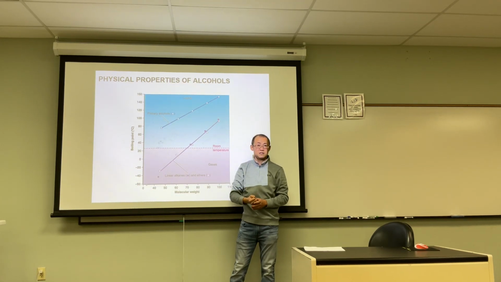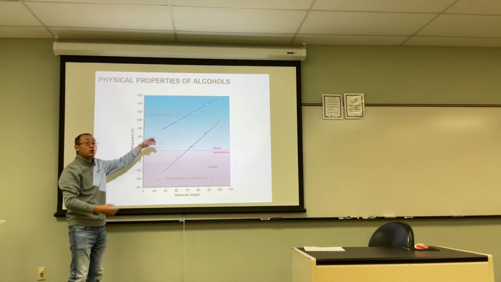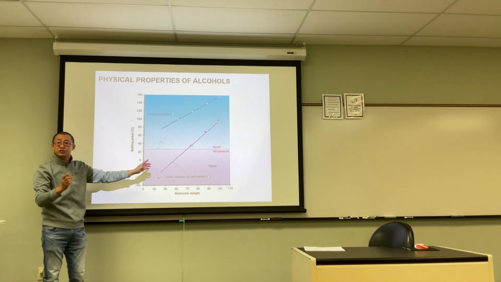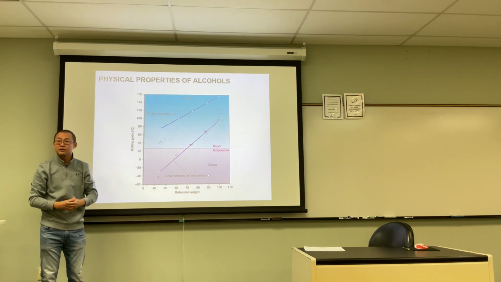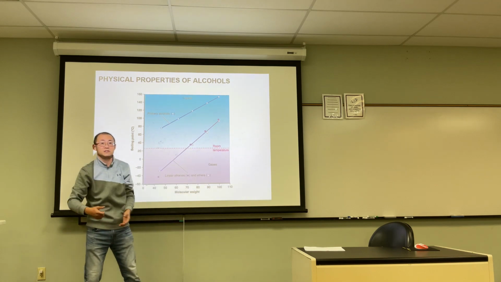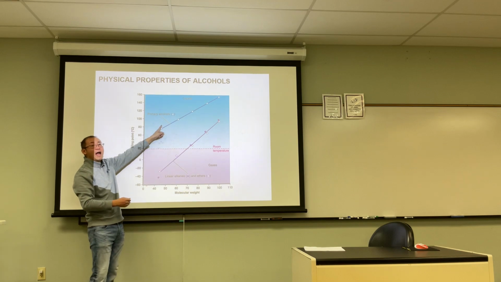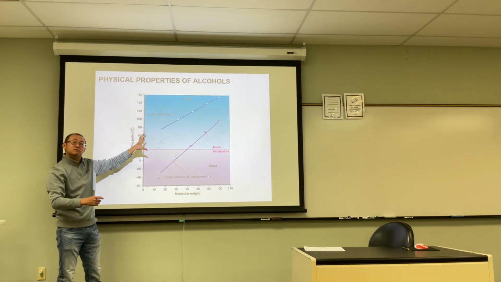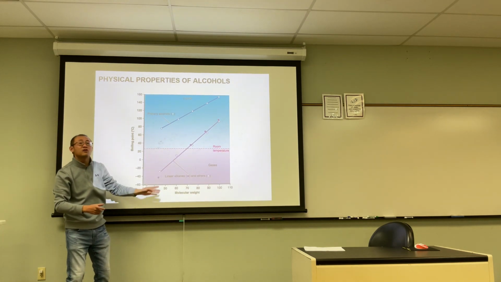So that means, if you want to compare across species, if you want to compare an alcohol with a hydrocarbon, you should compare them in similar size. Does it make sense? You don't compare a 1-carbon alcohol to a 10-carbon hydrocarbon. It's not fair. No one would compare it like that. When we say alcohol has a much higher boiling point than hydrocarbons, we're talking about molecules of the same or similar size.